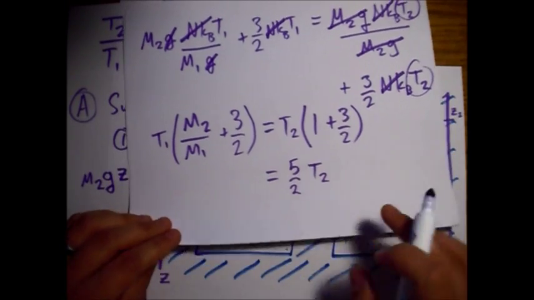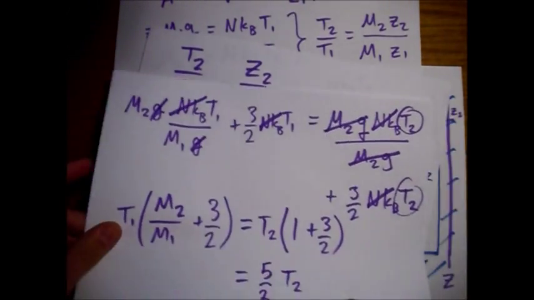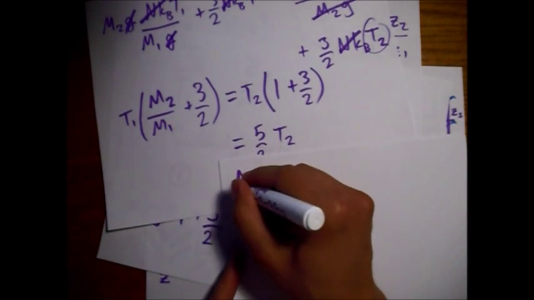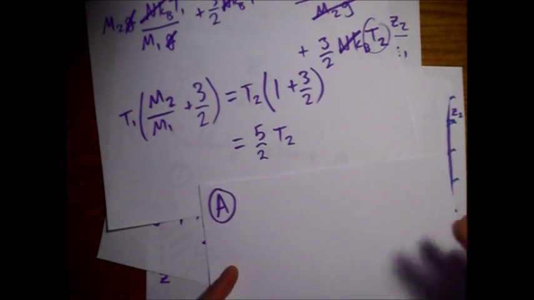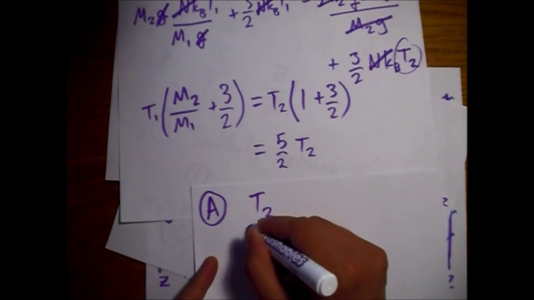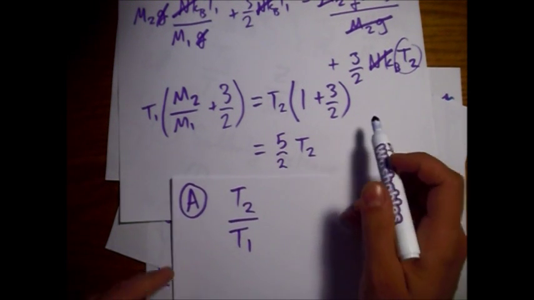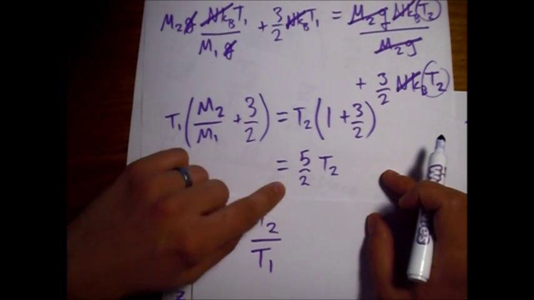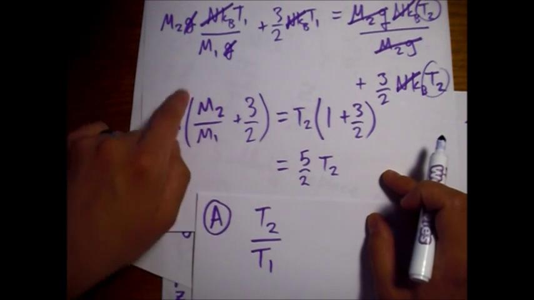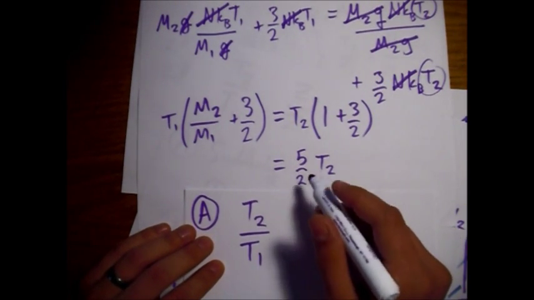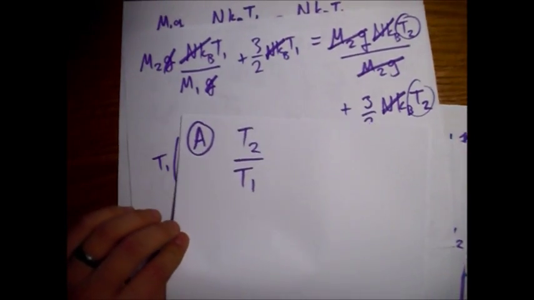I'll start a results sheet. This was for our situation A, where we replaced the mass suddenly. Here we have T2 over T1, and we're solving for T2 over T1. So we divide both sides by T1, take this 2/5, flip it and multiply over here.